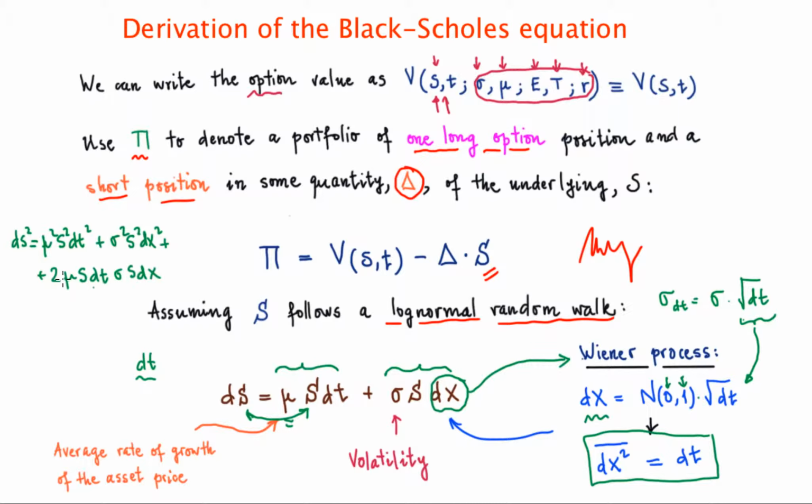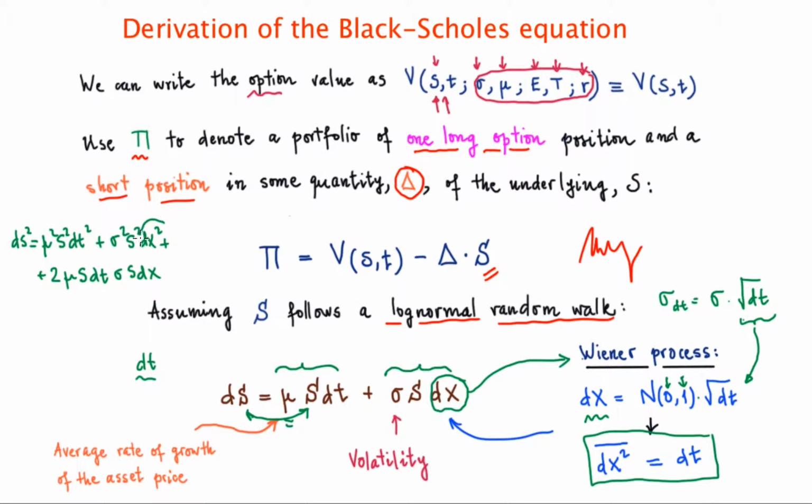So here I'm taking the average of all of this. You can see that making the square of ds, we have a non-stochastic contribution, which goes like the square of dt. But we'll have another contribution here, the square of dx, and taking the average of this one, it is basically dt.